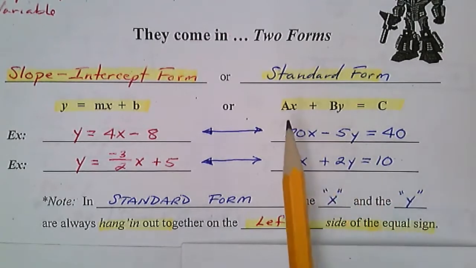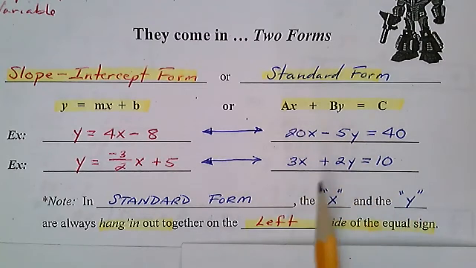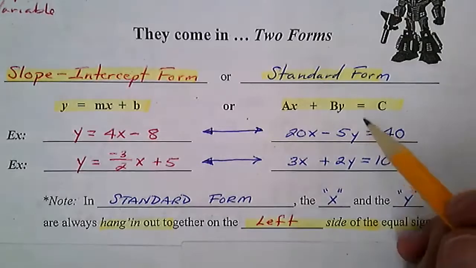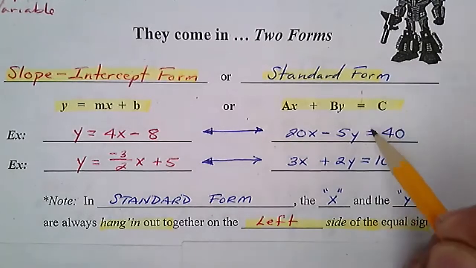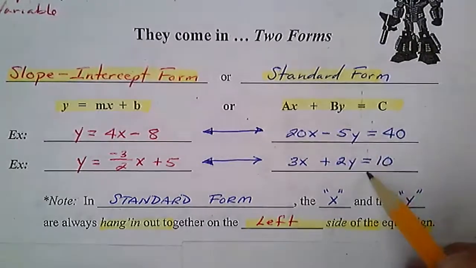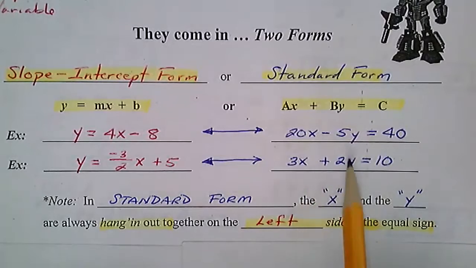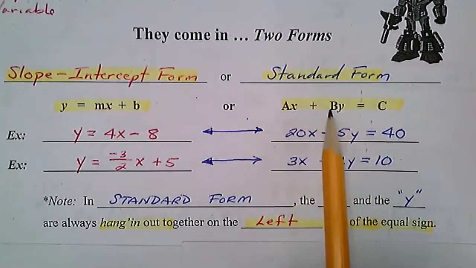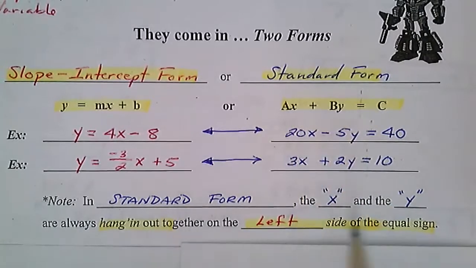So if you look at these three examples here, here's the x, here's the y, and they're kicking it together over here on the left side of the equal sign, right? Here's the equal sign, and they are on the left side. So in standard form, they're always hanging out together on the left side.